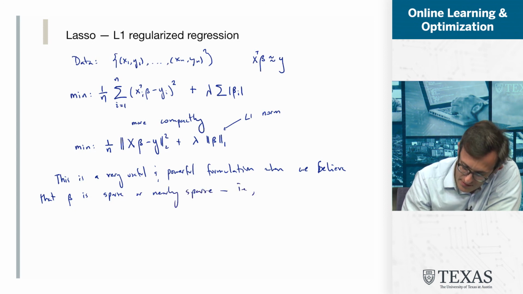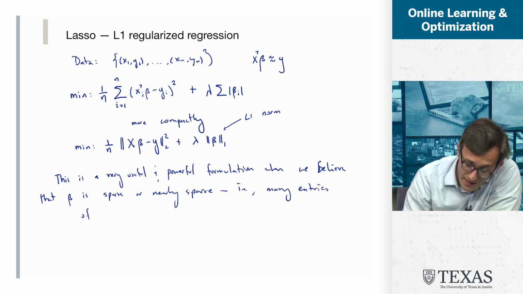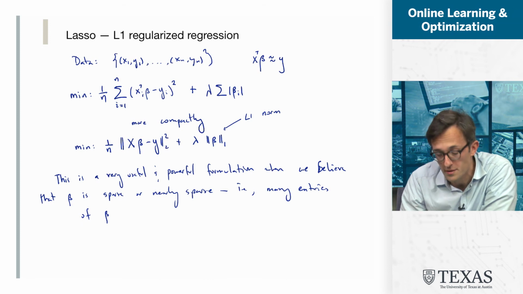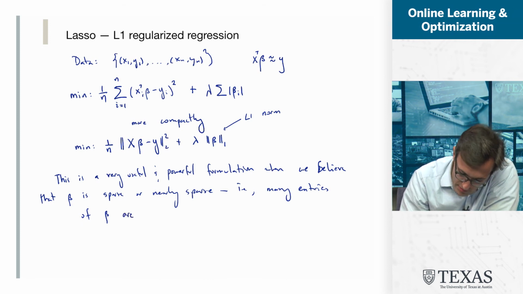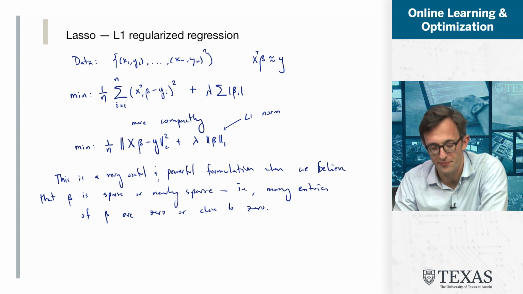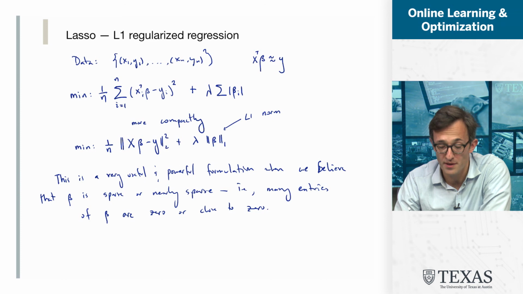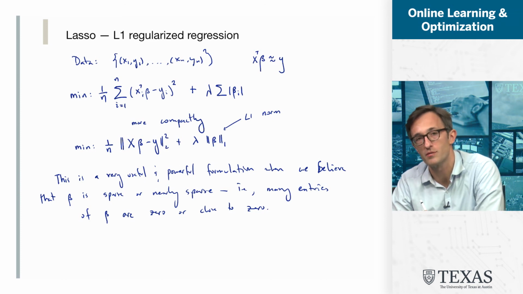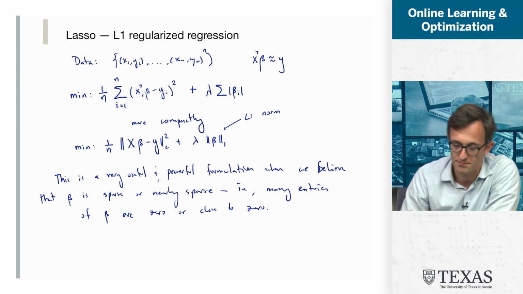This means that many entries of beta, of course we don't know which ones, are 0 or close to 0. This has been a very important formulation that sometimes is called sparse regression, sometimes compressed sensing or compressive sensing, and it will be a main motivation for us when we develop a number of different tools, a number of different algorithms.